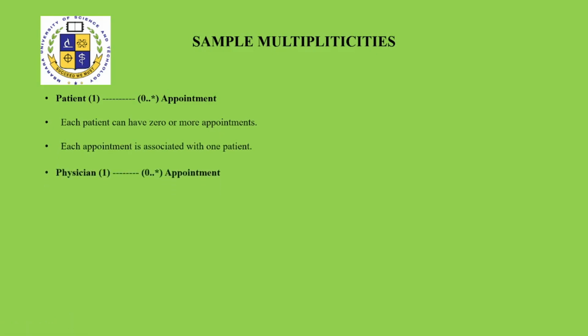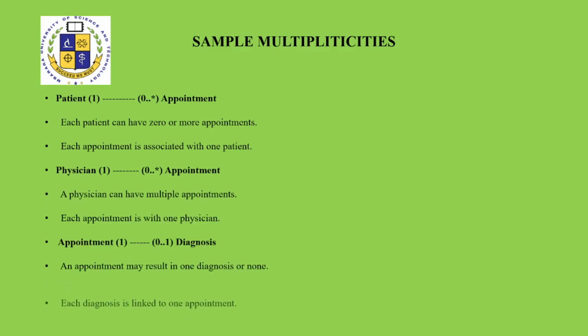These are very necessary for reduction of repeated information, redundancy, and data integrity, as I pointed out before. So a physician, we have only one physician. A physician can have multiple appointments, and each appointment is with one physician. You can never have an appointment with very many physicians.